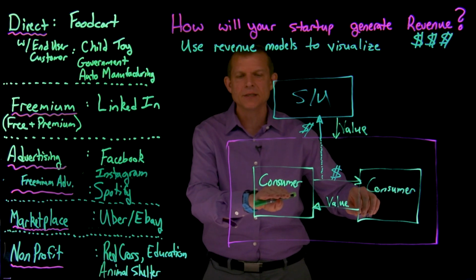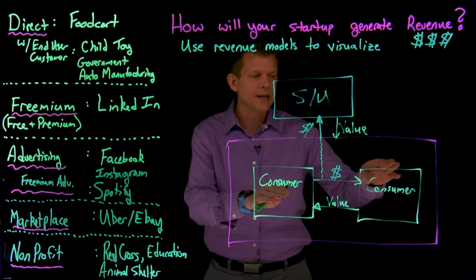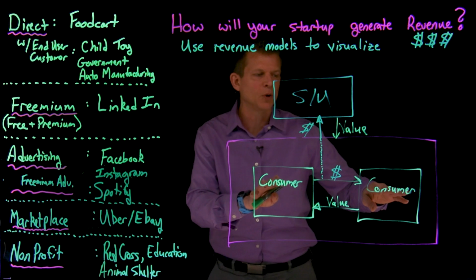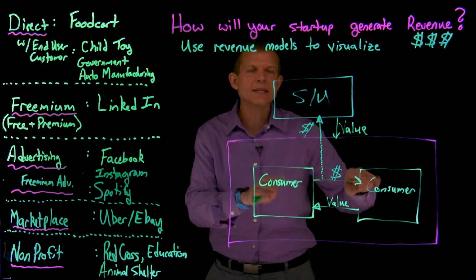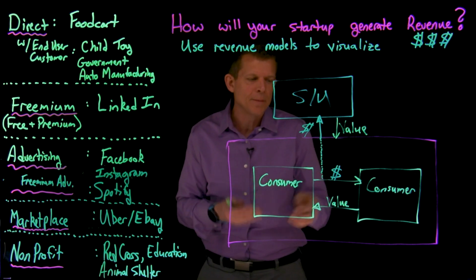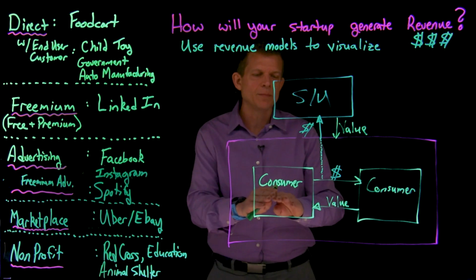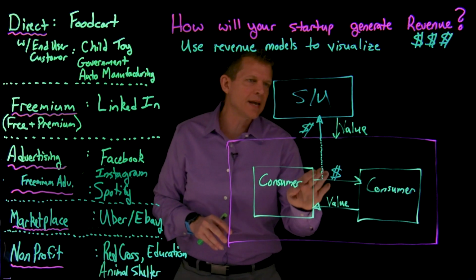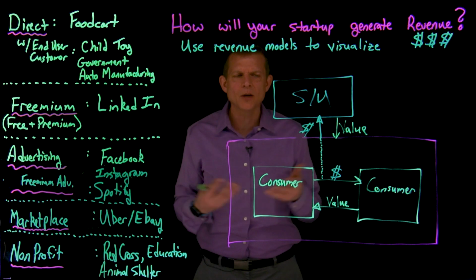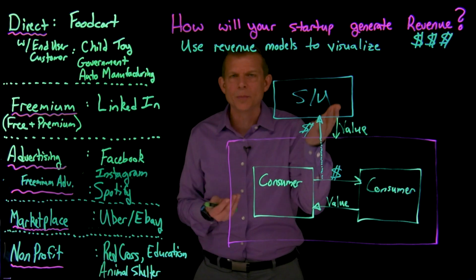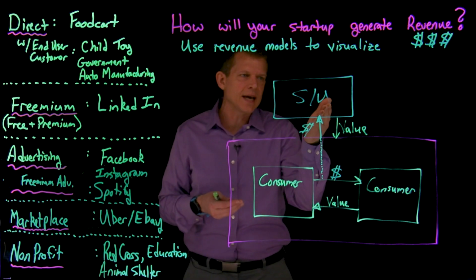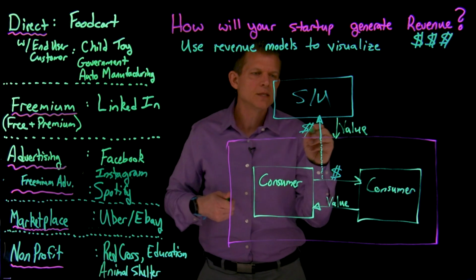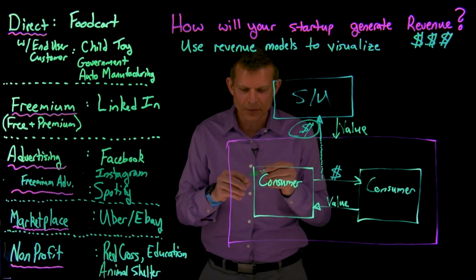Hey, I need a ride to the airport. Oh, great. I will give you a ride to the airport. I'll come pick you up. Money is exchanged actually through the app, and then value is given back to this consumer. Through the app, then, a percent of that, I'm not quite sure what Uber takes, but a percentage of that then comes back to the startup. So that is how revenue is generated.